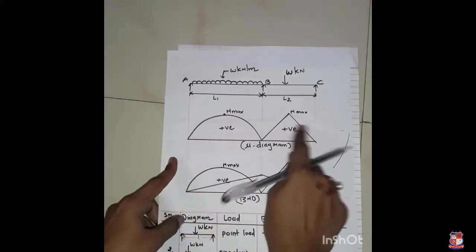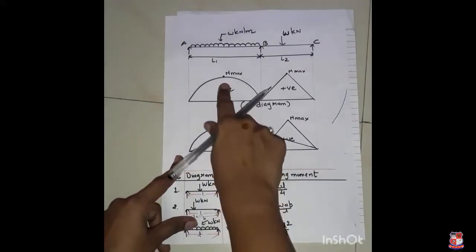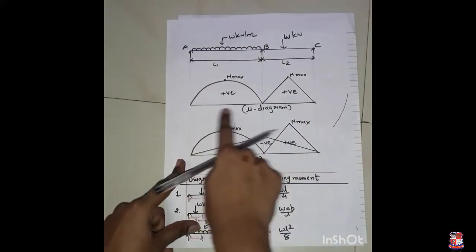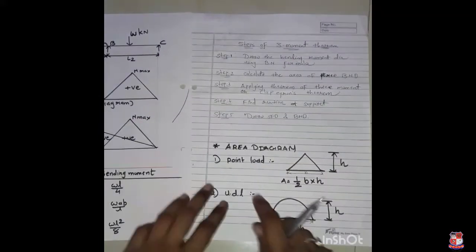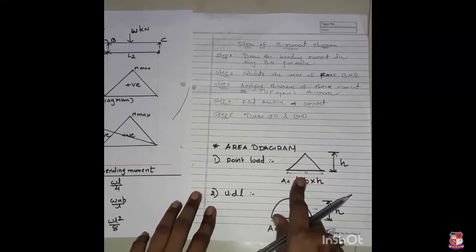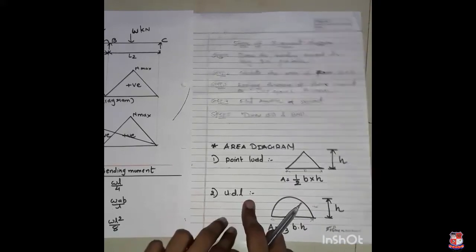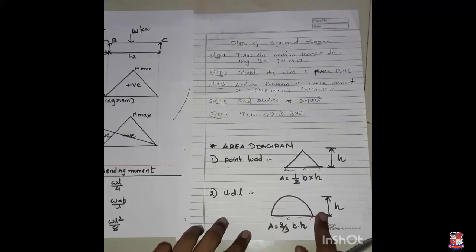For the area diagram, or mu diagram, once you calculate the bending moment for the beam, you can easily draw this diagram. For the point load, the diagram is a triangle, and for the UDL you draw a parabolic curve.